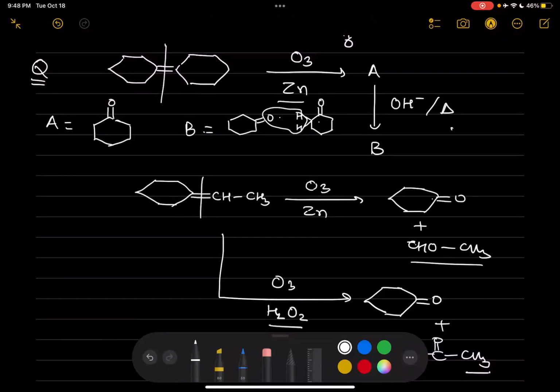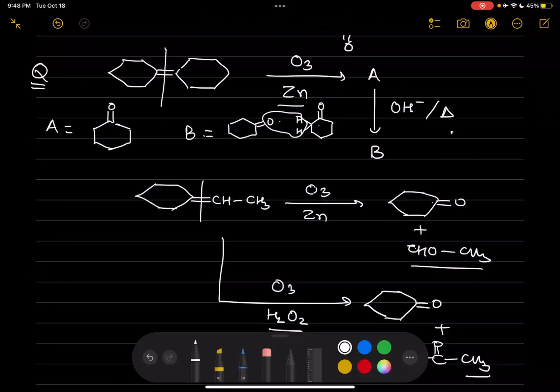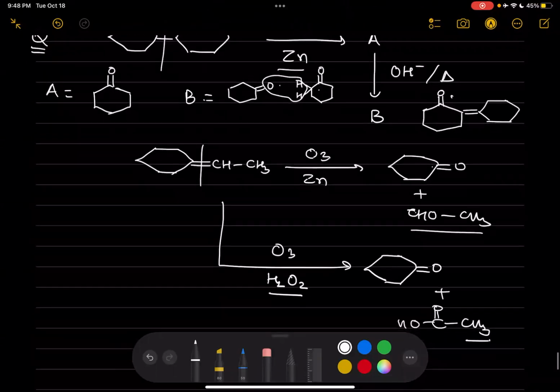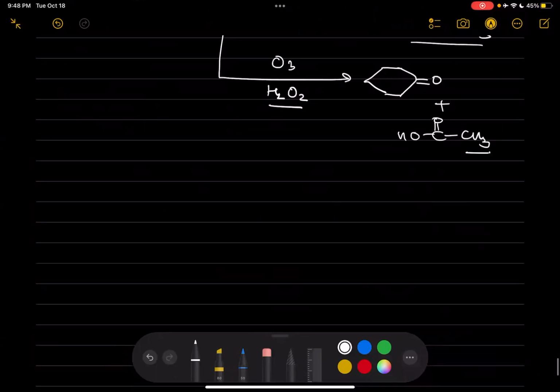So what is going to be the structure of B? Clear? Yes, sir.